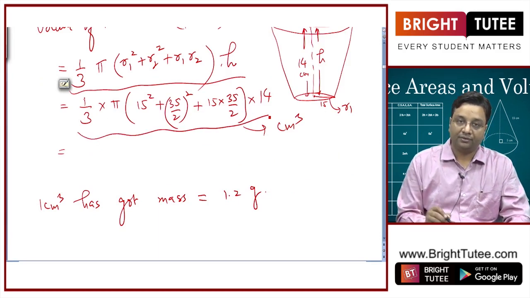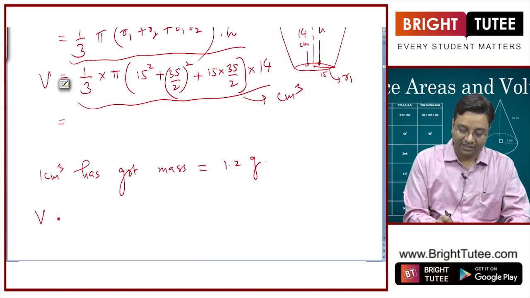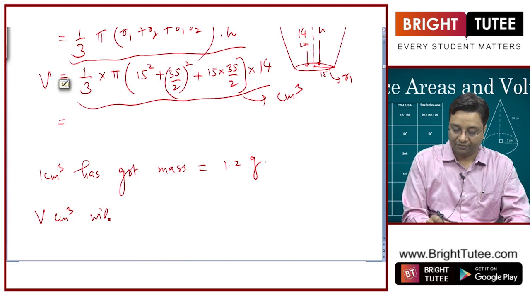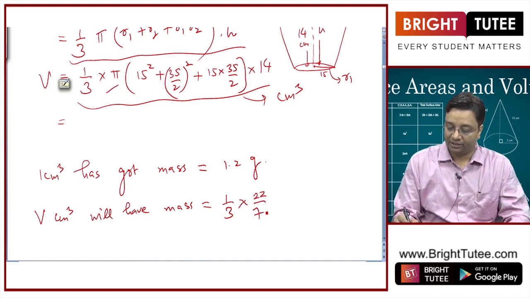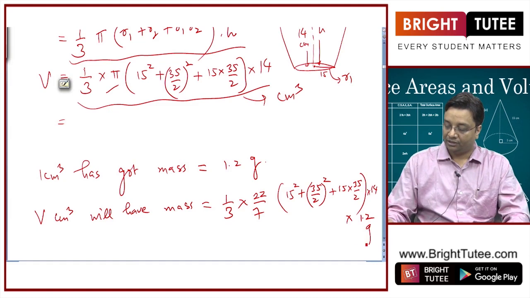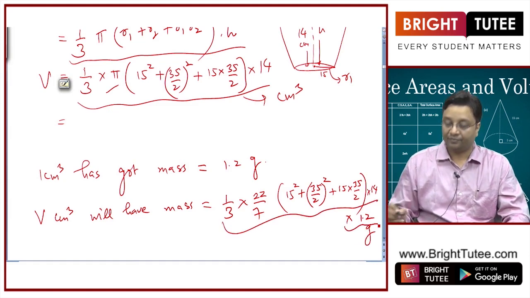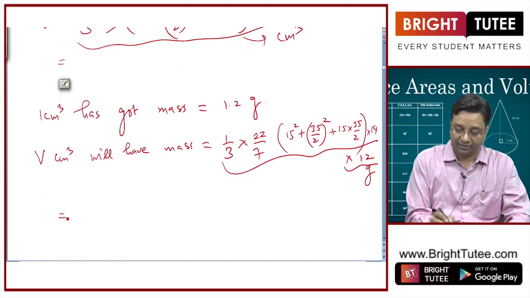So if I denote it by V, V centimeter cubes will have mass equal to 1 by 3 pi, I will write it as 22 by 7 into 15 square plus 35 by 2 square plus 15 into 35 by 2 into 14 into 1.2. So this will be your answer after the calculation part. So let's try to do some calculation here.